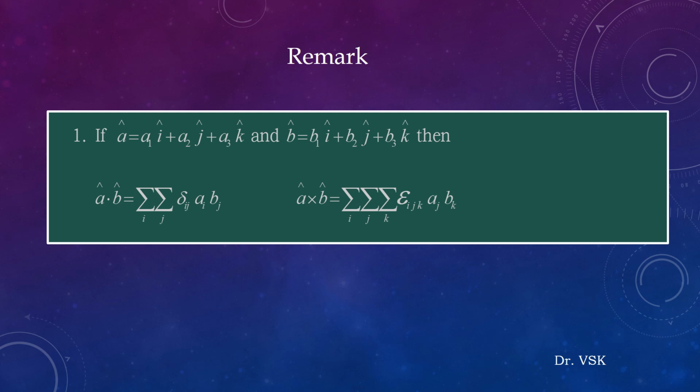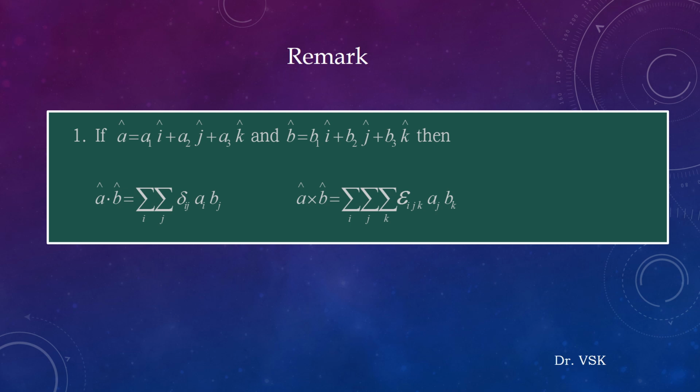If a cap is dotted with b cap, what do we get? A cap dot b cap equals a1 i cap plus a2 j cap plus a3 k cap dotted with b1 i cap plus b2 j cap plus b3 k cap. It equals a1 b1 plus a2 b2 plus a3 b3.